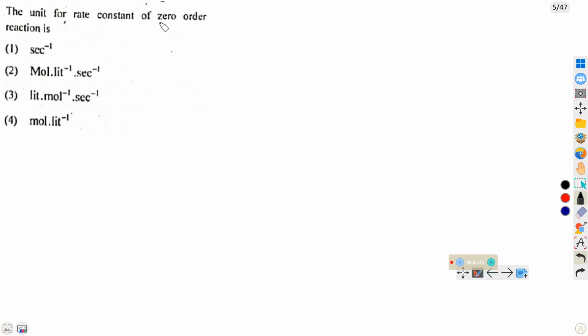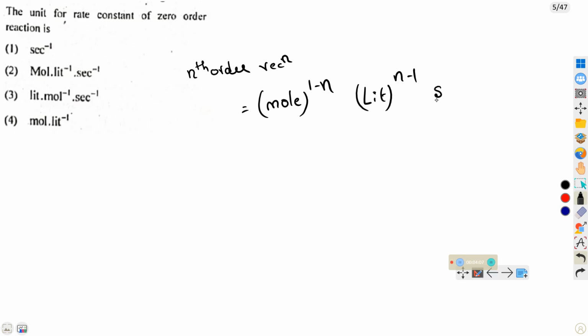Unit for rate constant of a zero order reaction. The unit of rate constant for an nth order reaction is mole to the power 1 minus n, liter to the power n minus 1, second inverse.